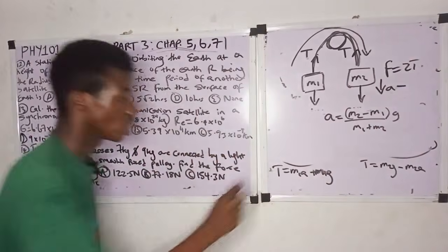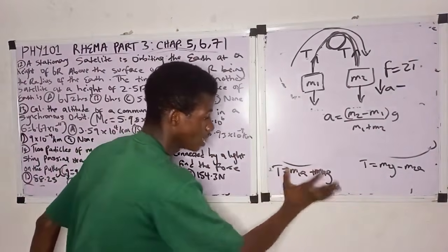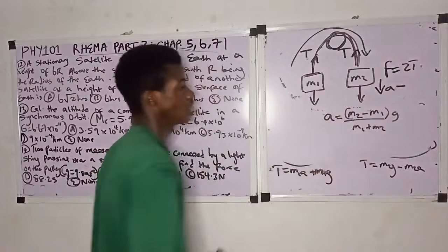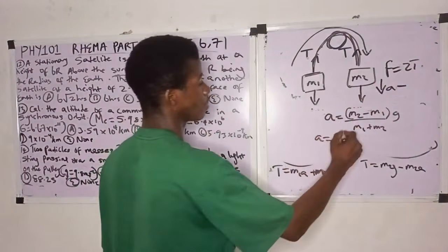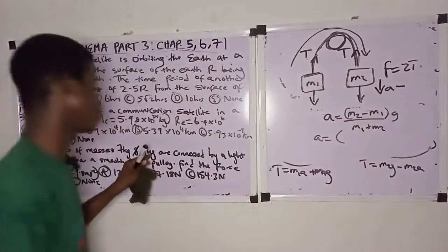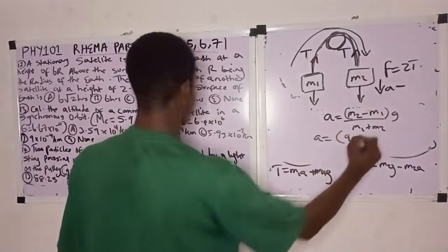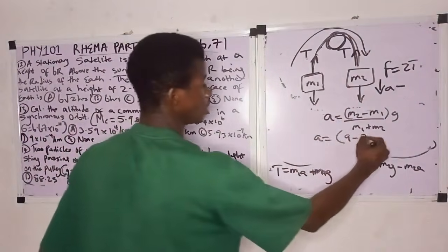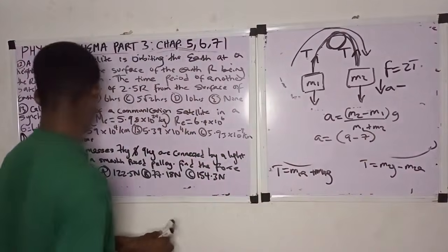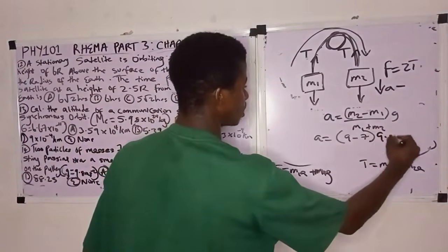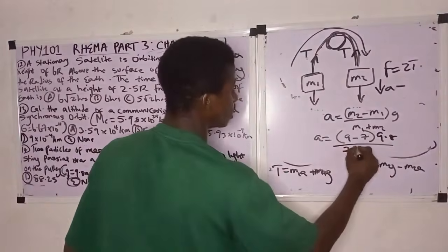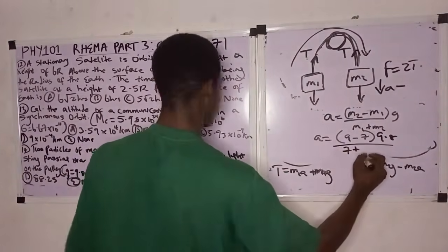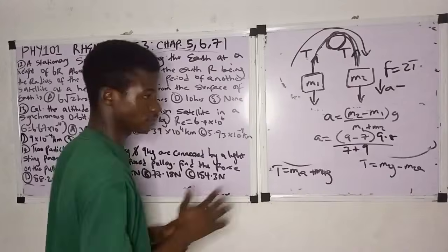Once we get our acceleration, we put it here, we get our tension, then multiply by 2. So where is our M1? M2 is 9. M1 is 7. Let's use g as 9.8, divided by M1 which is 7 plus M2 which is 9. Let's do it.